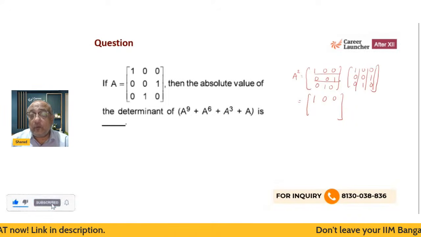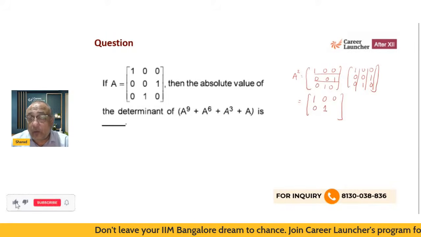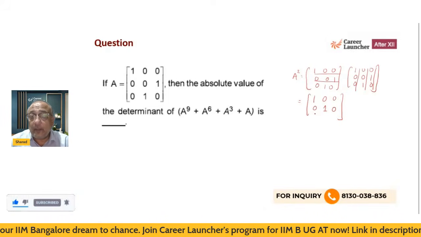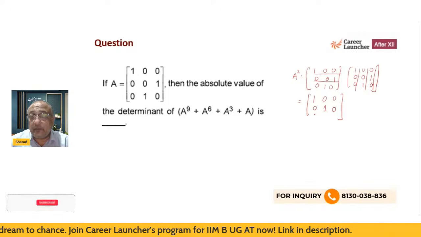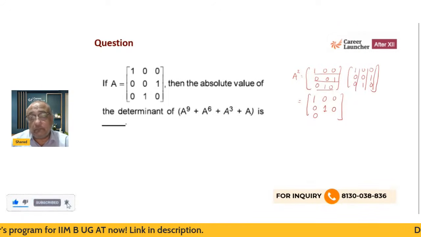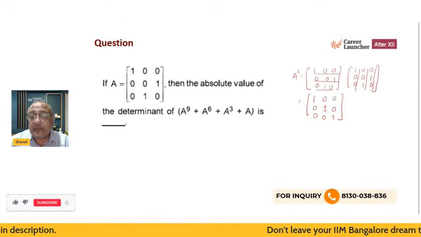Second row, first column is 0. Second row, second column is 1. Second row, third column is 0. Third row, first column is again 0. Third row, second column, sorry, 0. And this value is equal to 1. So this is nothing but an identity matrix.